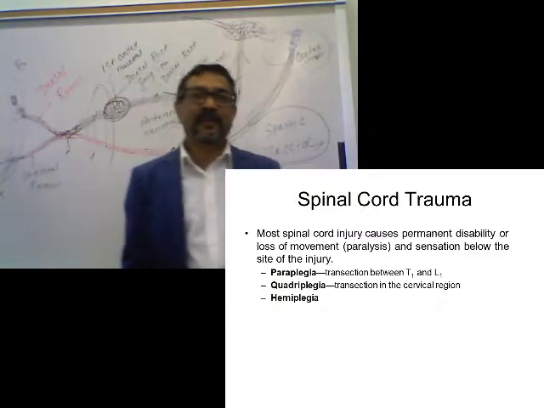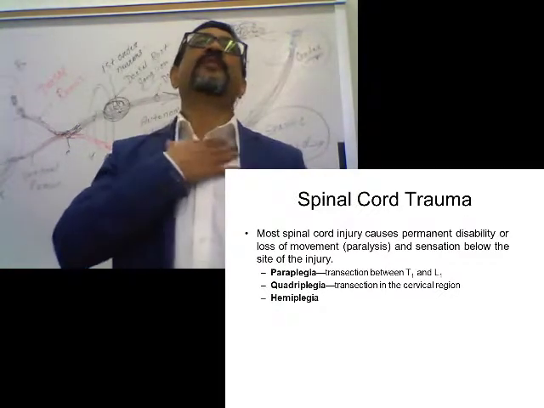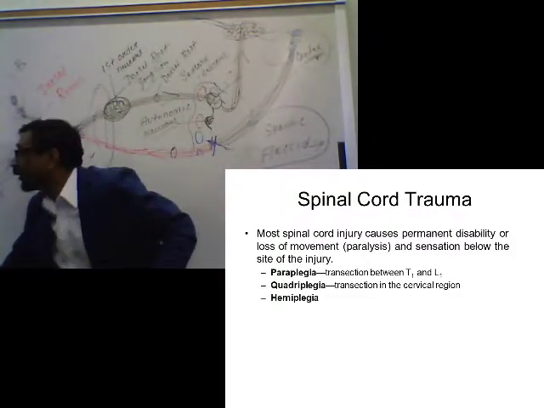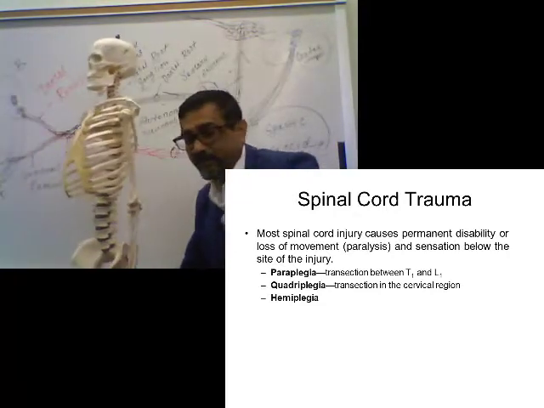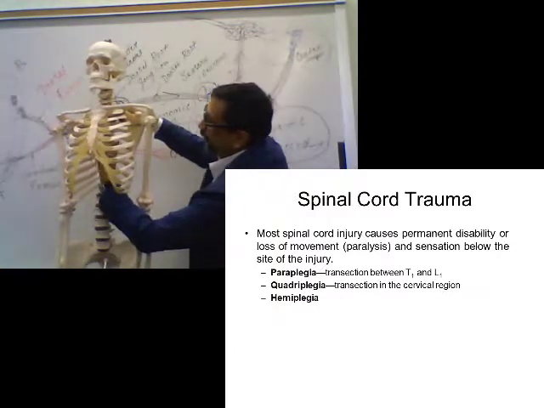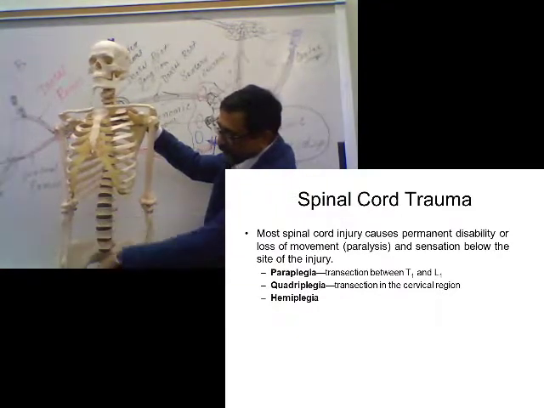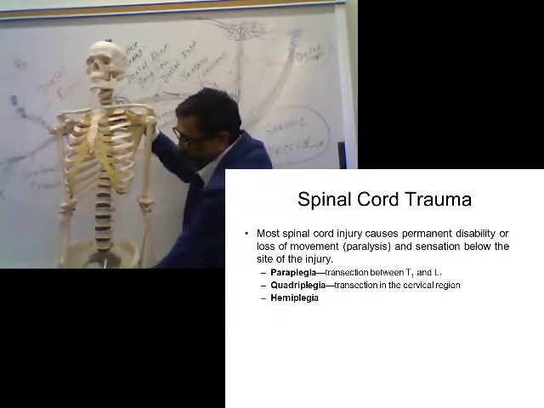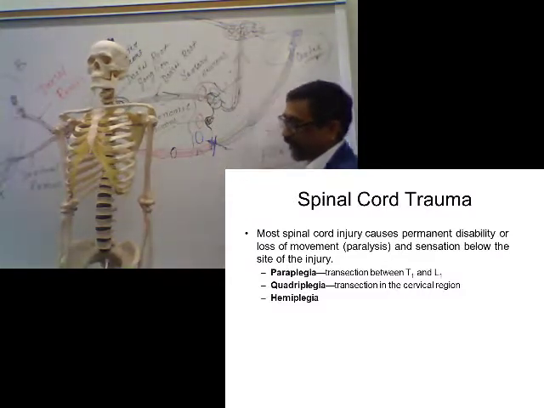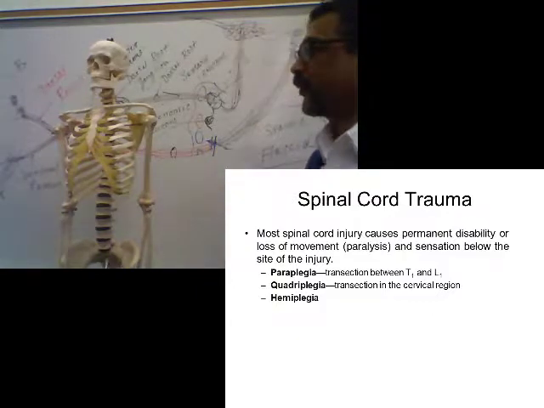Paraplegia. If injury occurs between T1, that means the first thoracic vertebra here, and lumbar 1, anywhere between T1 and lumbar 1, then below that will be paralyzed. In this case, only the lower limbs and lower part of the trunk are affected. That is called paraplegia, the lower two limbs.